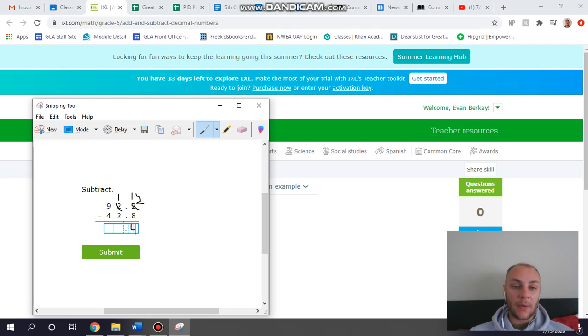Then we could do 1 minus 2. Is 1 bigger or smaller than 2? It's smaller. So what do I need to do? If you said I need to regroup, you are correct. That means that I would come over to my hundreds place, I would slash my 9. What does my 9 become? It becomes an 8.